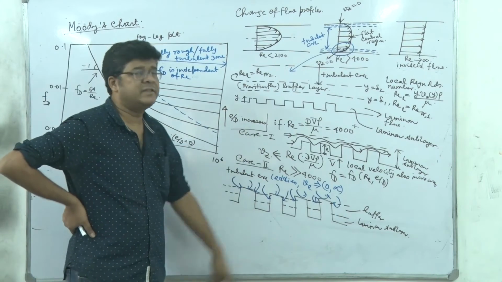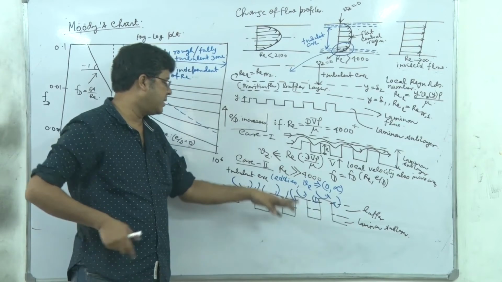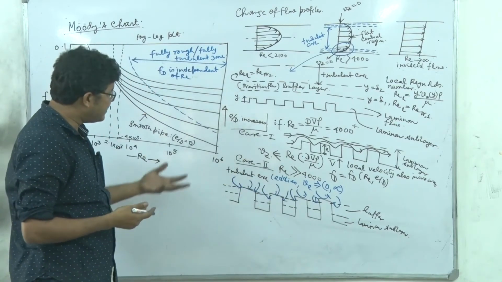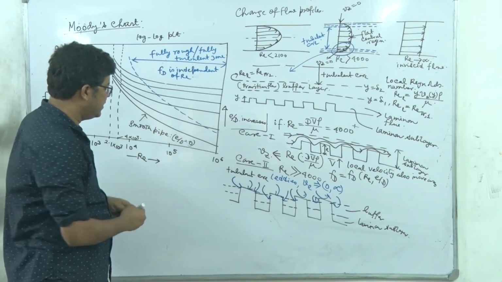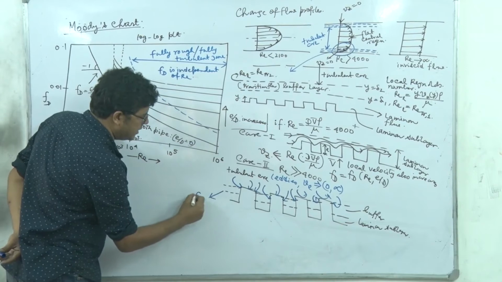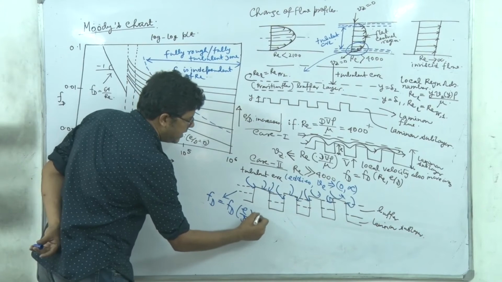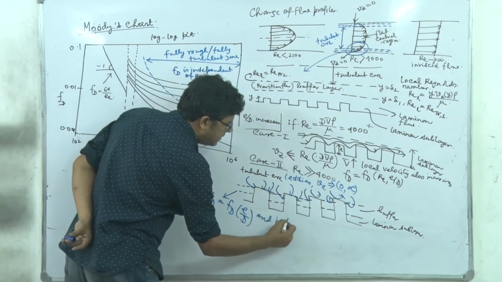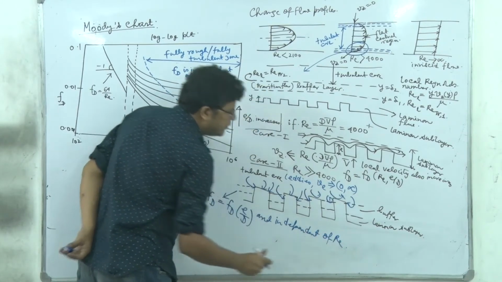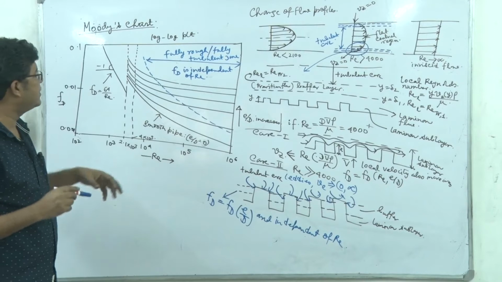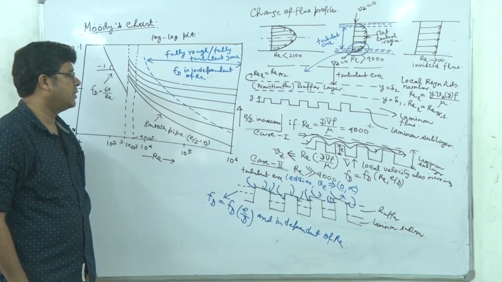This will contribute majorly to the frictional head loss because they are having impact with the roughness element, and as a consequence, as the velocity of the eddy is independent of the local velocity, in this region Fd is reflected as a function of E by d only and independent of Re. So this is the tentative rationale behind the existence of the fully rough or fully turbulent zone in Moody's diagram, right?